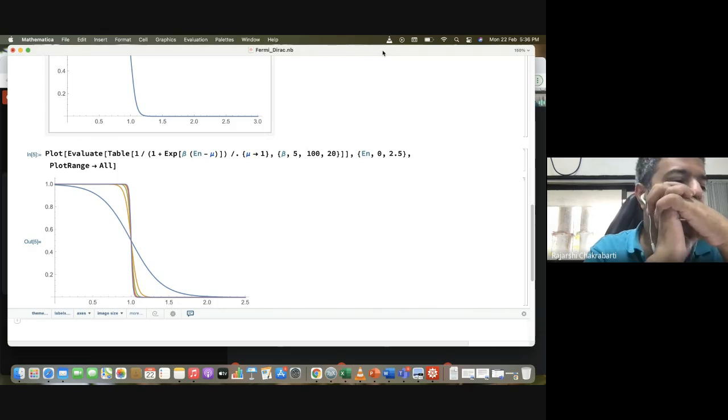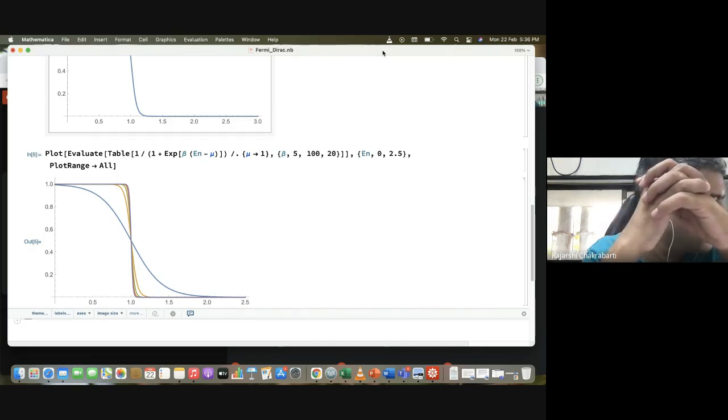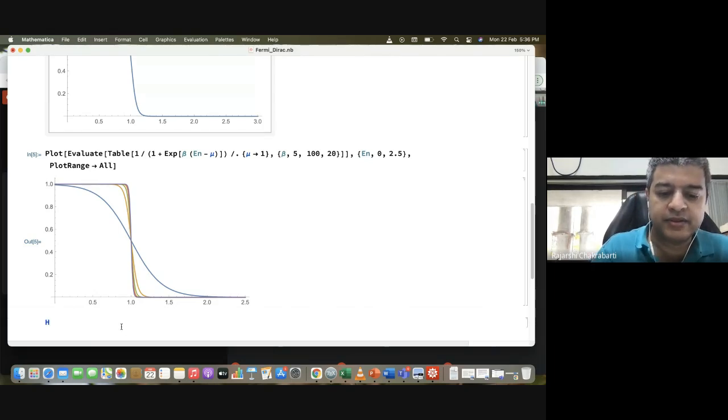So now you can calculate the partition function, isn't it? You can write down what I'm saying. Your Hamiltonian is something like epsilon minus mu times n.